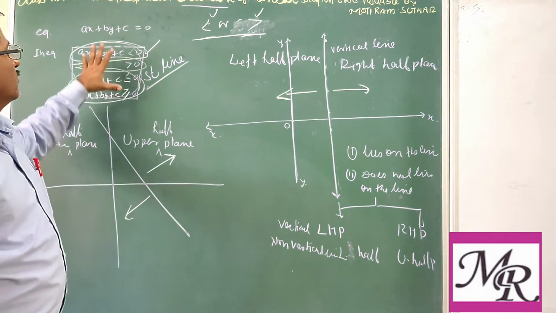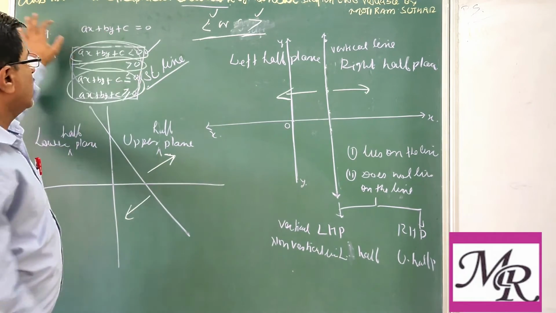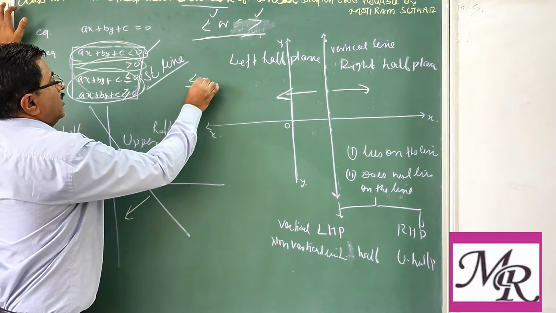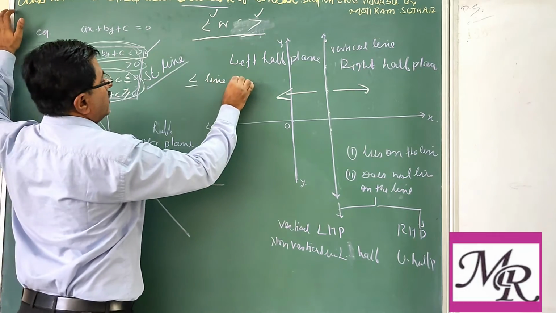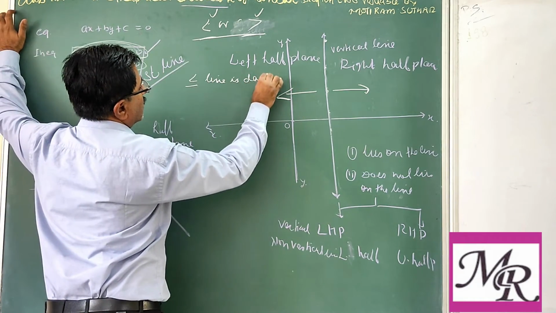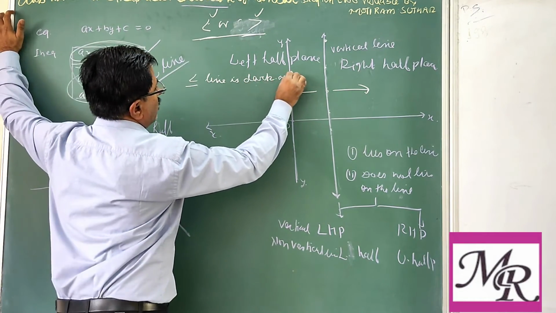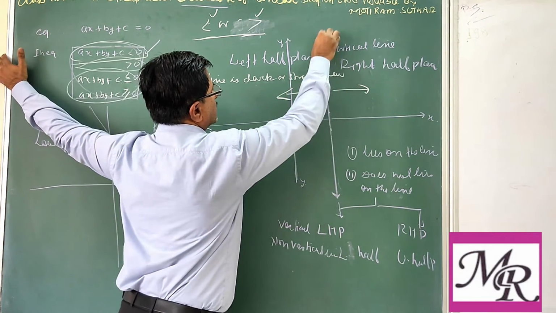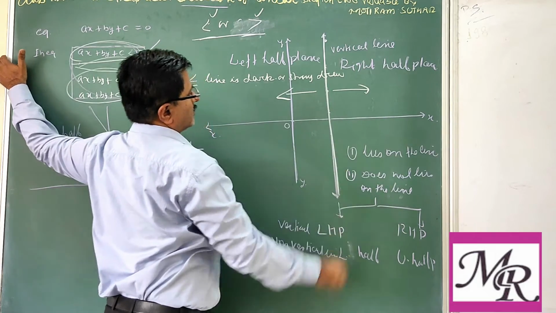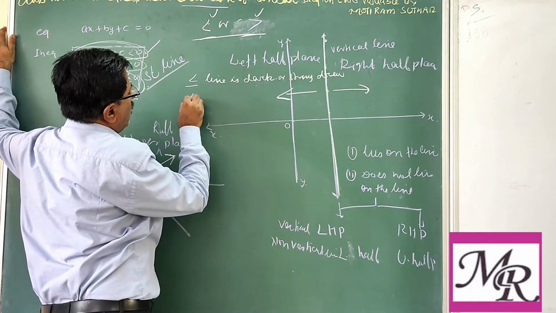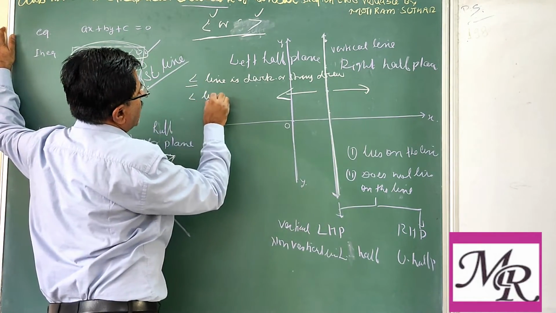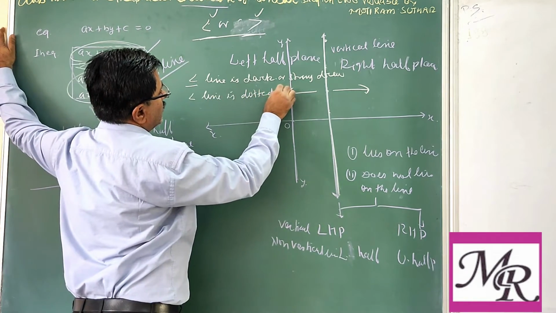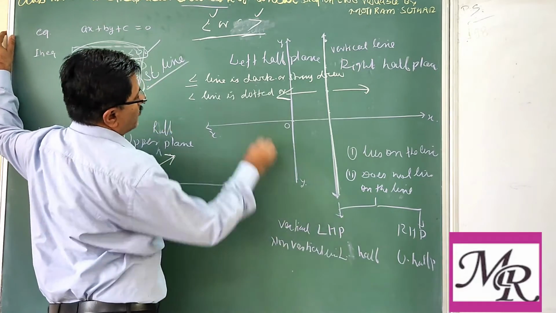The figure will be according to the sign. If the sign includes equal to, then the line is dark or strong, drawn like this. And if we have only less than, then the line is dotted, or broken.